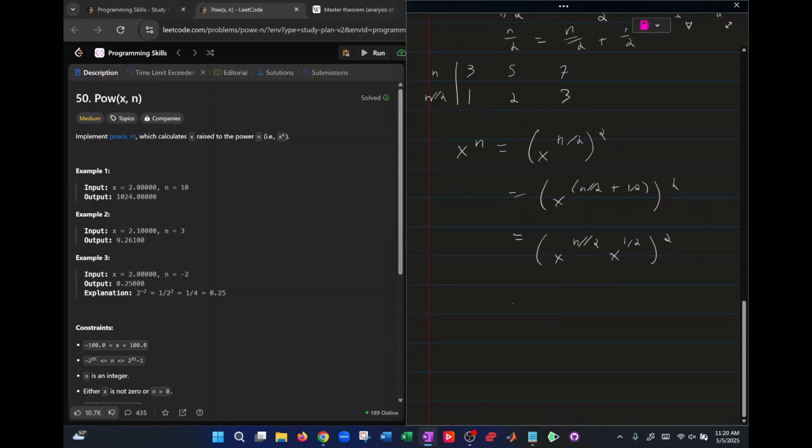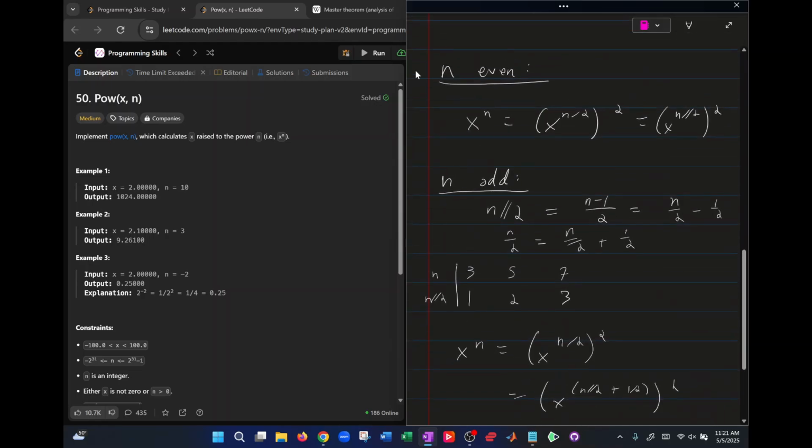Okay, so then this is going to be x to the n/2 squared times x to the 1/2 squared. So this is x to the n/2 squared times x. Okay, so basically this is what it comes down to. If n is even, then for x to the n, we're just going to take x to the n/2 and square it.